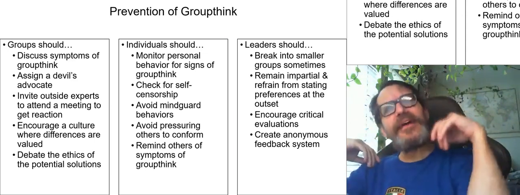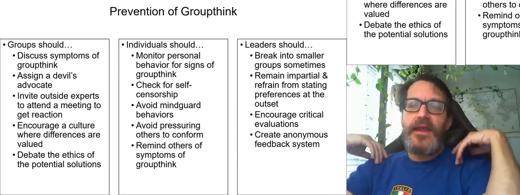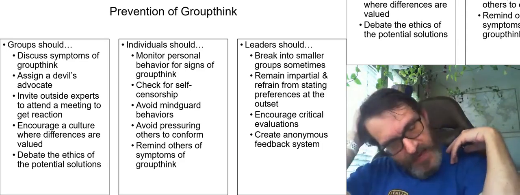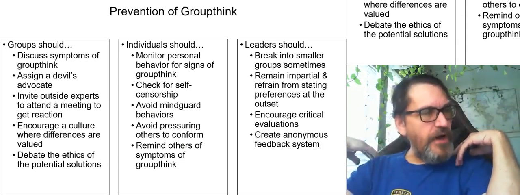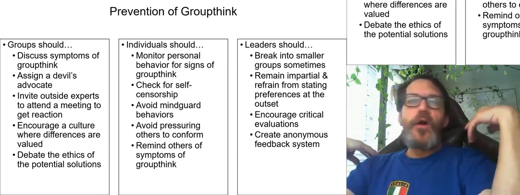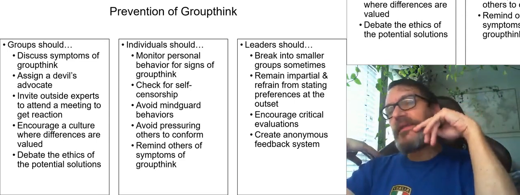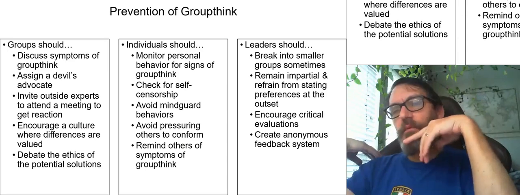We find that groupthink was particularly prevalent in Japanese industries. When the Japanese industries were powering up in the 1970s, Toyota and many others, obviously Sony, etc., these businesses were starting to become global powers.